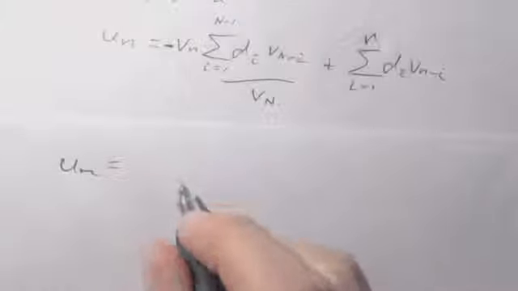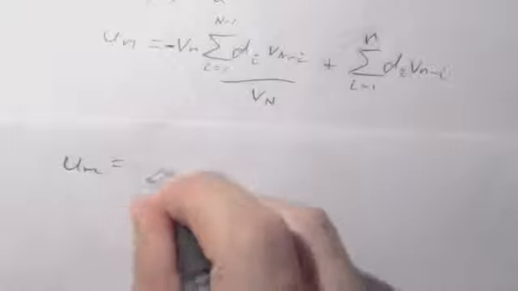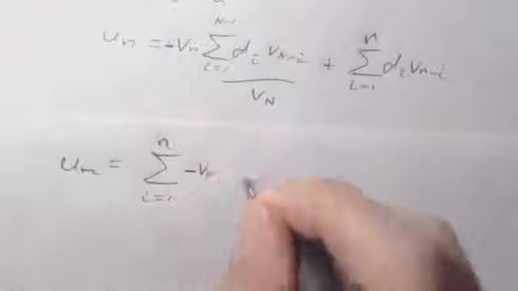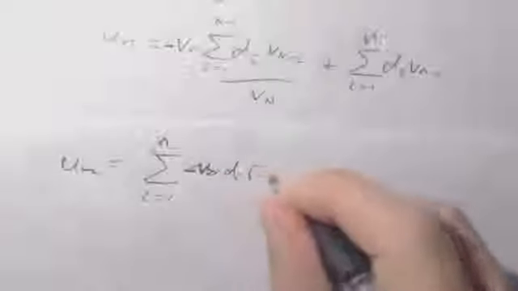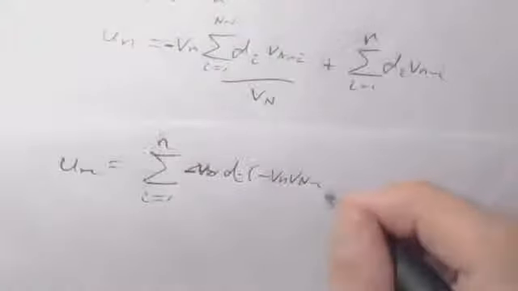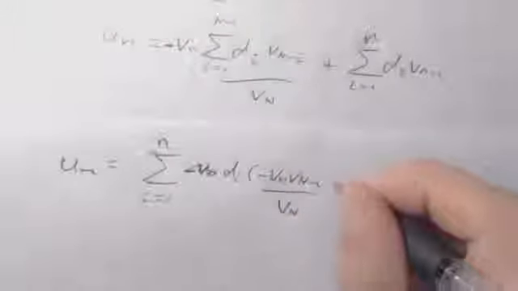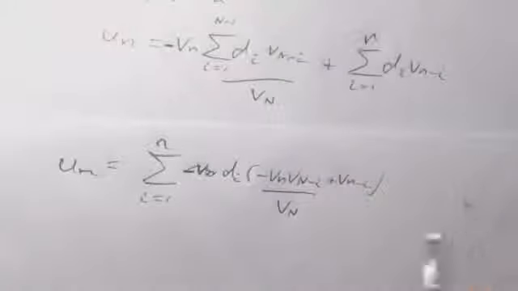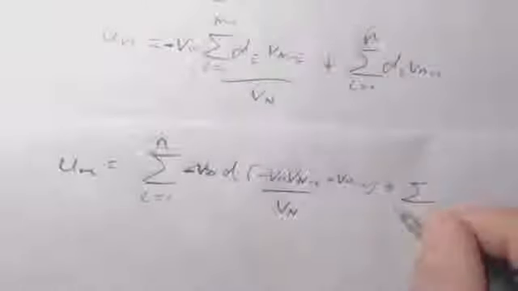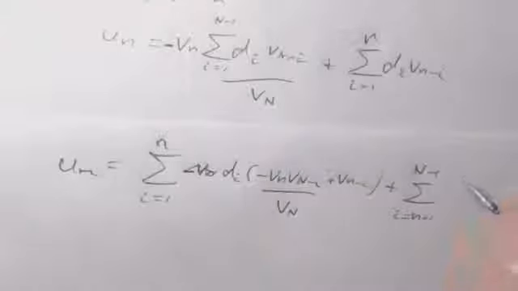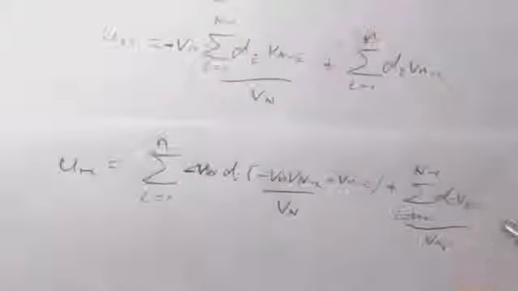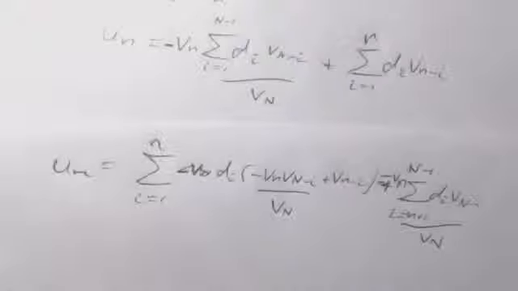So this is equal to the sum from I equals 1 to n of minus Vn, that I've just got di on the outside, minus vn v big N minus I over v big N plus vn minus I, and then because we've only taken the first n summands of this, we also need to add on the rest, so plus sum from I equals n plus 1 to big N minus 1 of di v n minus I over v big N, and we also needed minus vn out here. Change the plus to a negative here.